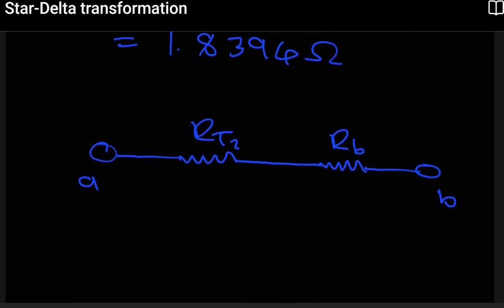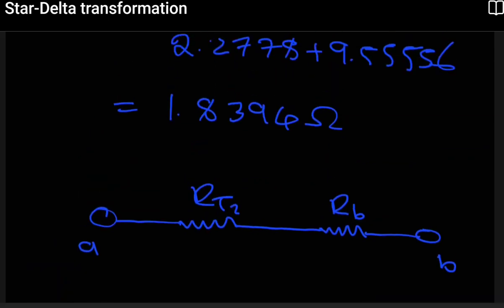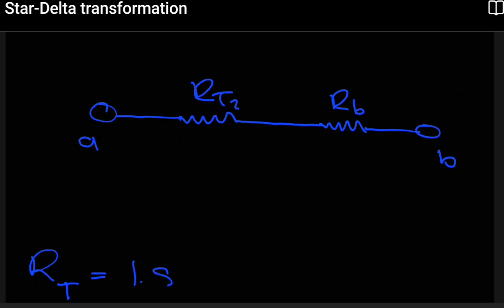So these two are now in series, so we can combine them by just adding them, so that in the end, the total resistance altogether now is just going to be the sum we had, 1.8394 plus RB. And for RB, we had 7.5926.